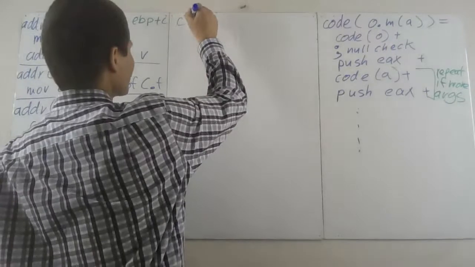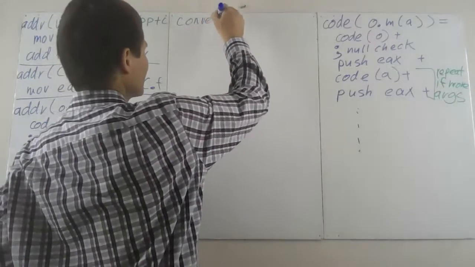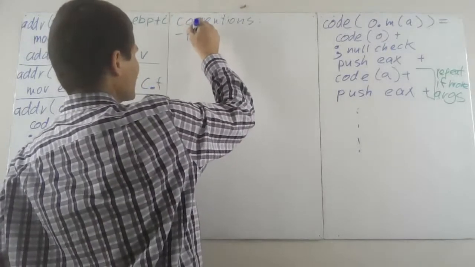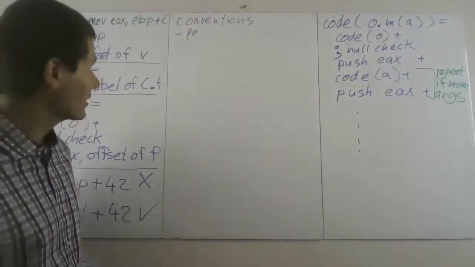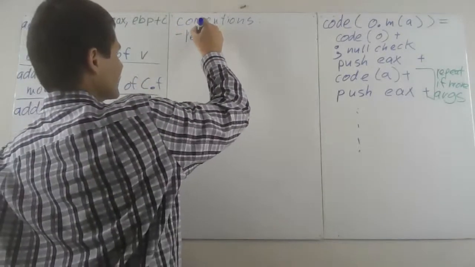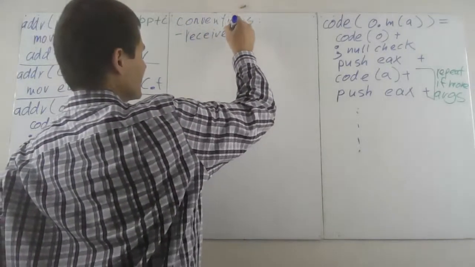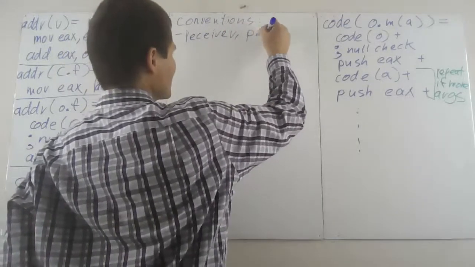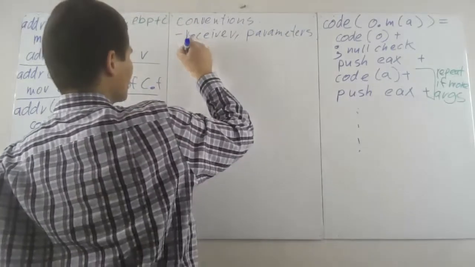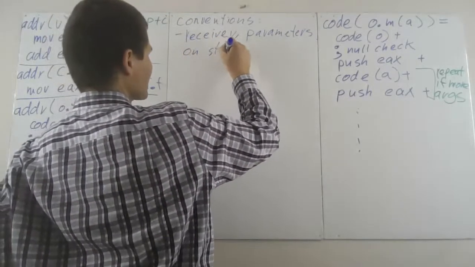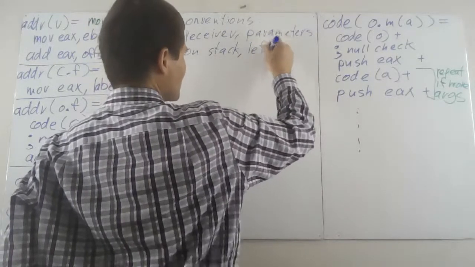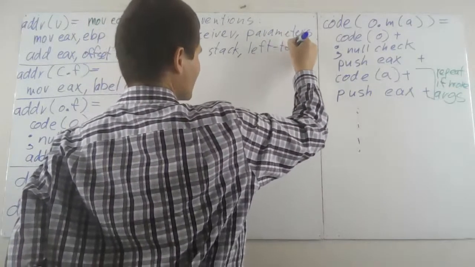So, conventions. Receiver and parameters on stack, and they are pushed from left to right.